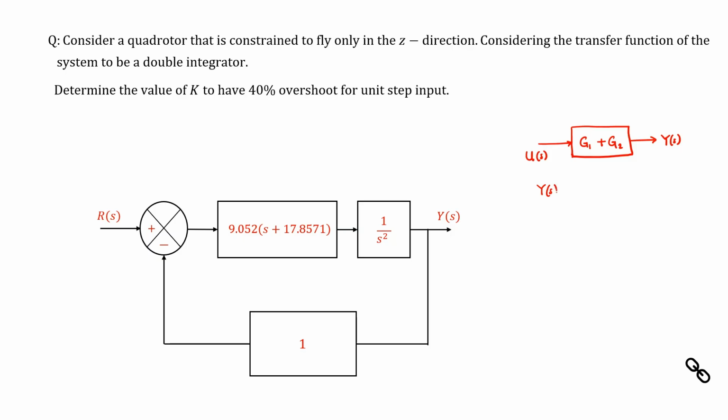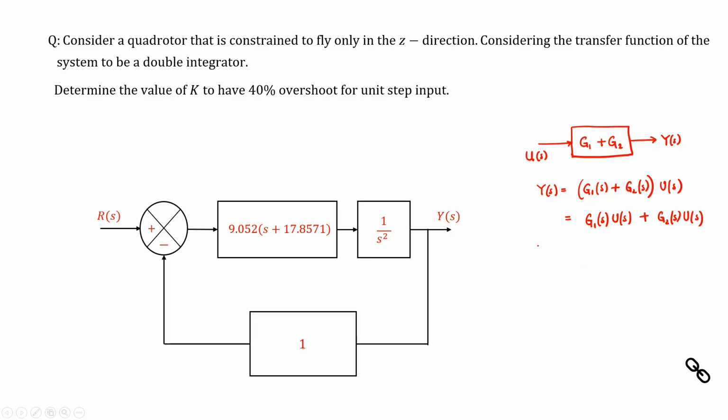The output can be written as Y(s) equal to (G1(s) plus G2(s)) into U(s), and this can be written down as G1(s)U(s) plus G2(s)U(s).